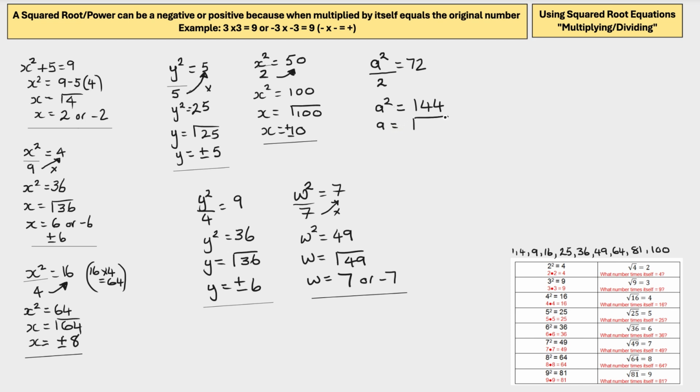So the square root of 144 is 12, or minus 12. This is 12 times 12 is 144. Good to know that one as well. I know that's not on the chart, but that's a common one. That comes up a lot, 144.